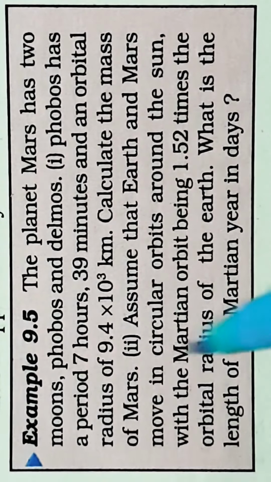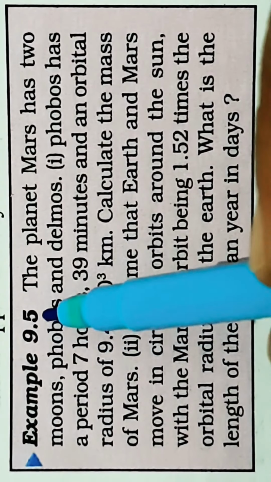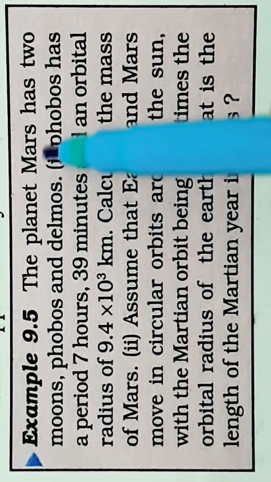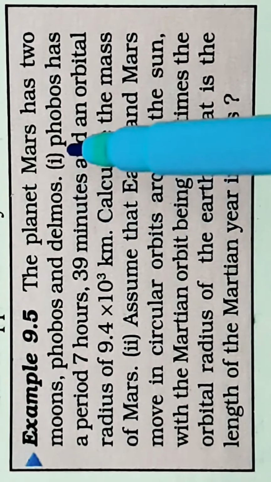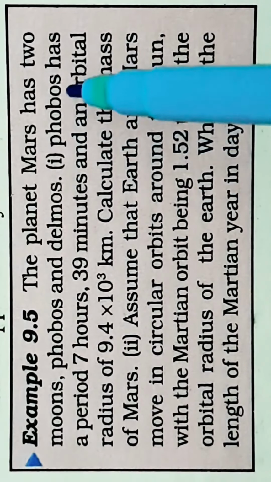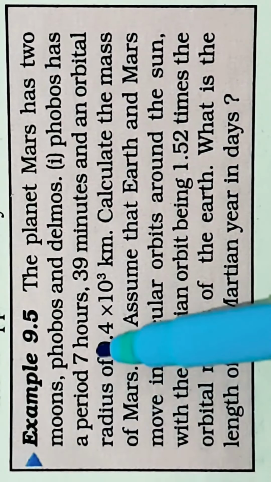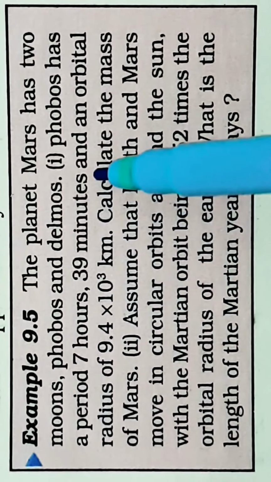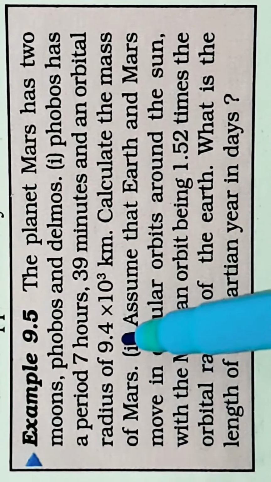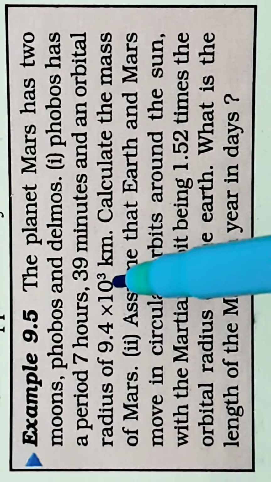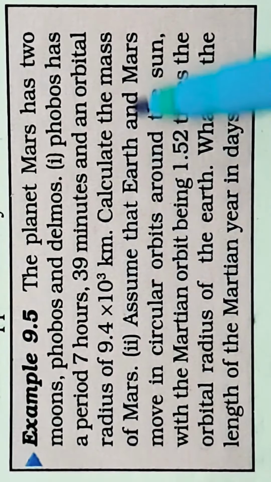See the example problem 9.5. The planet Mars has 2 moons, Phobos and Deimos. Here first one: Phobos has a period 7 hours 39 minutes and an orbital radius of 9.4 into 10 cube kilometer.